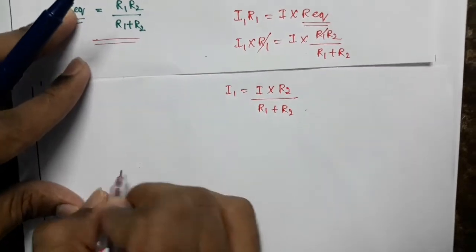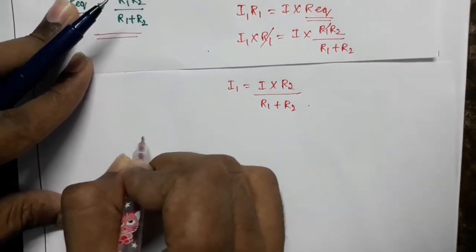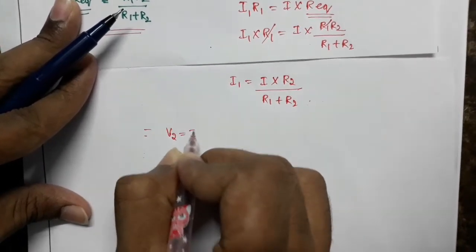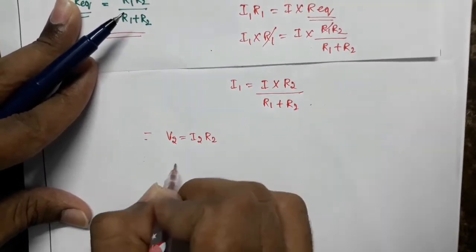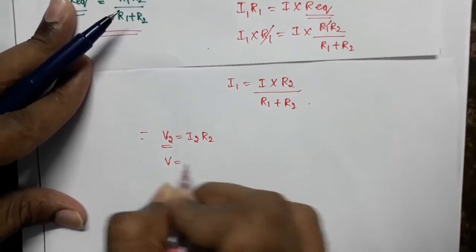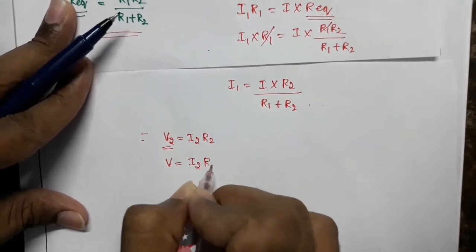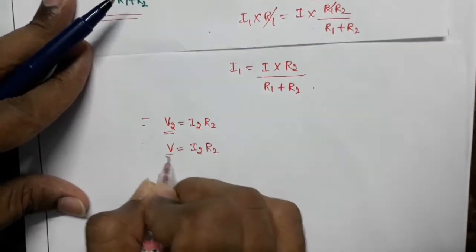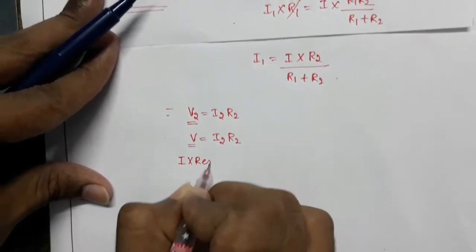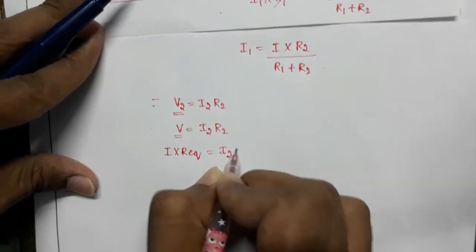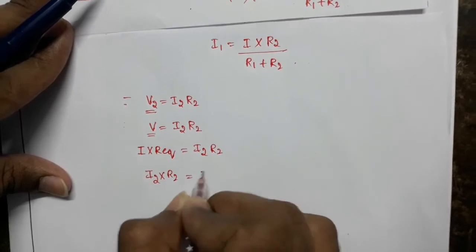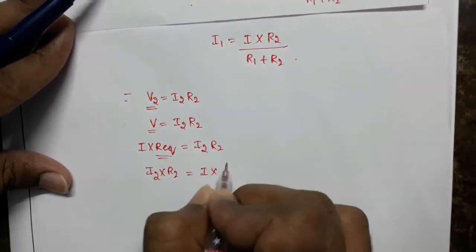In the similar way, we have to find I2. We know V2 equal to I2 into R2, where V2 equal to V. Therefore, V equal to I2 into R2, where I have told you V equal to I into R equivalent, that is equal to I2 into R2. I2 into R2 equal to I into R equivalent equal to R1 R2 by R1 plus R2.